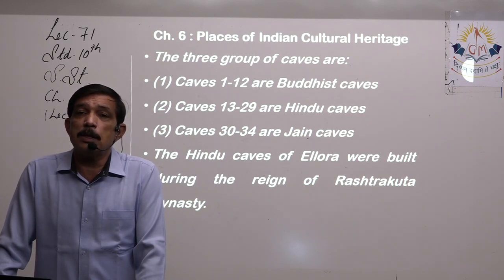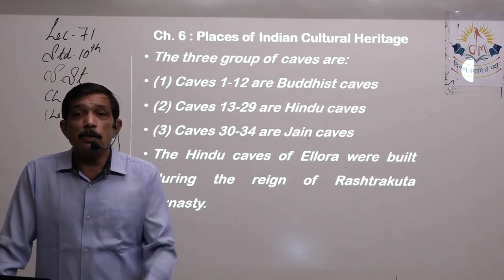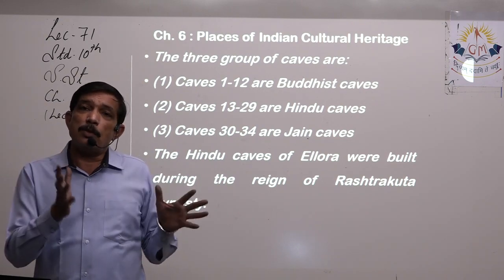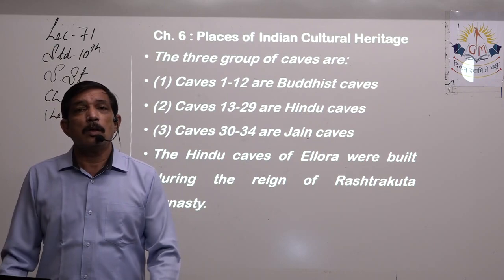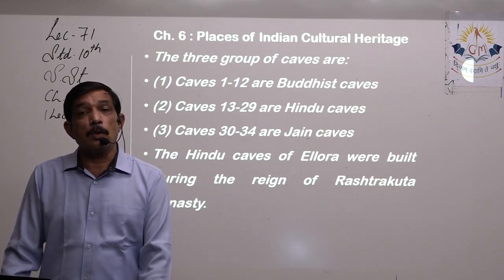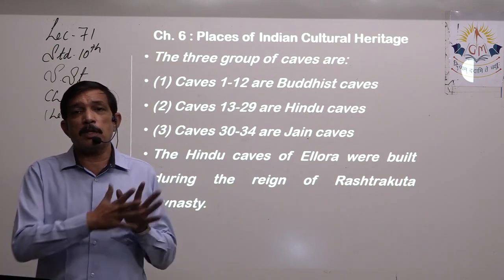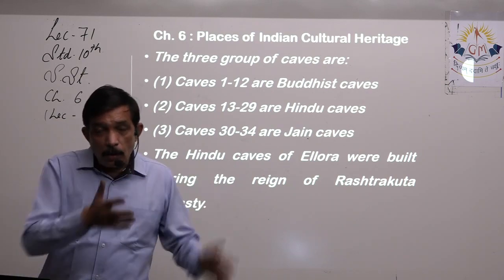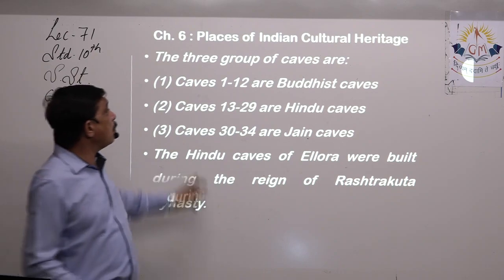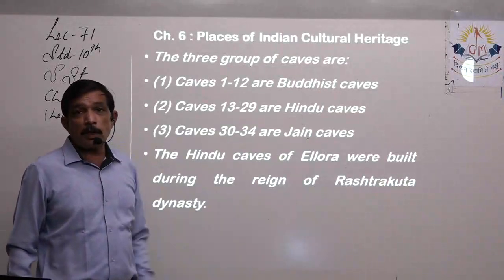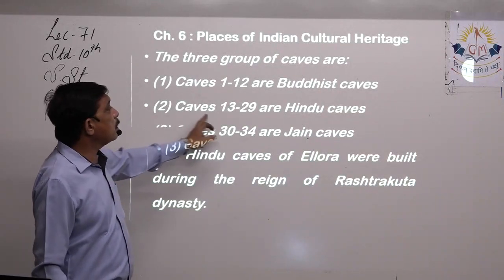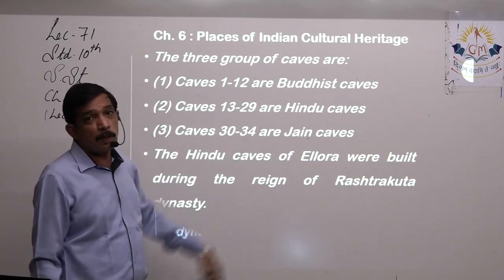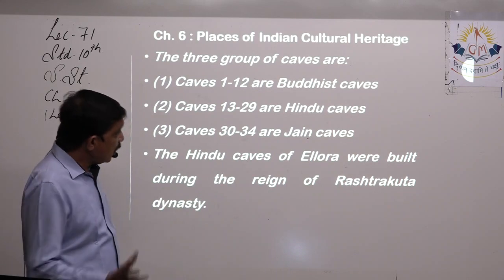All the 3 religions are different, but through the centuries, different religions made use of that single hill to carve out, and they specifically designed their own religion in those particular caves. So cave number 1 to 12 specifically Buddhist caves, cave number 13 to 29 Hindu caves, and cave number 30 to 34, 5 caves, Jain caves.